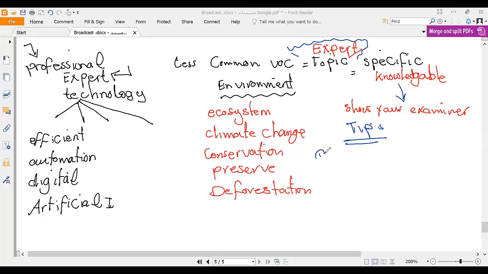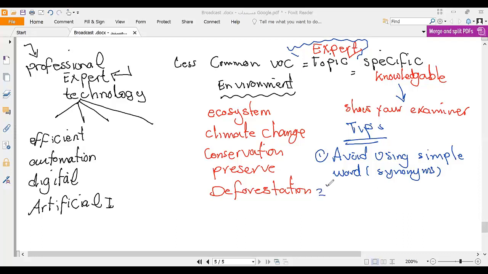Number one is to avoid using simple words. So always try to look for some synonyms to the words you know.